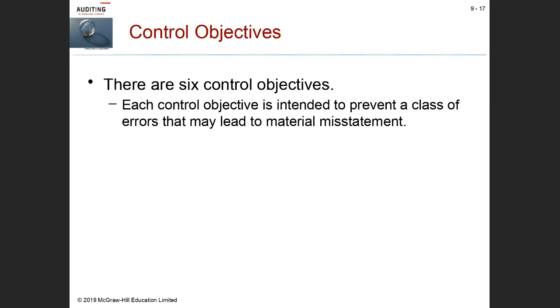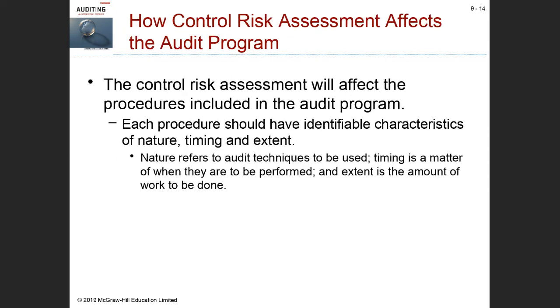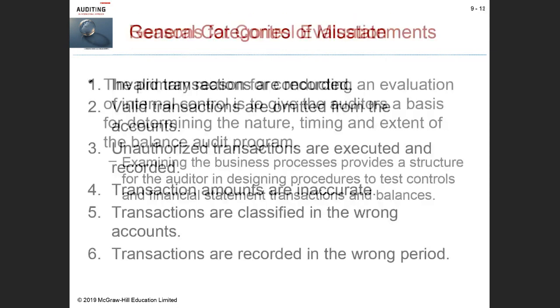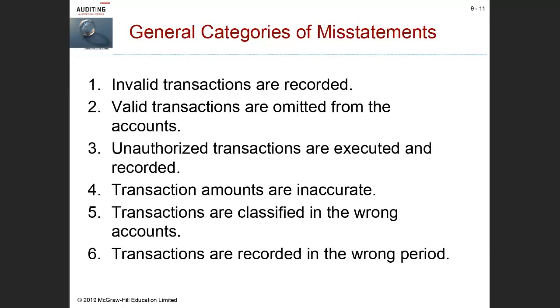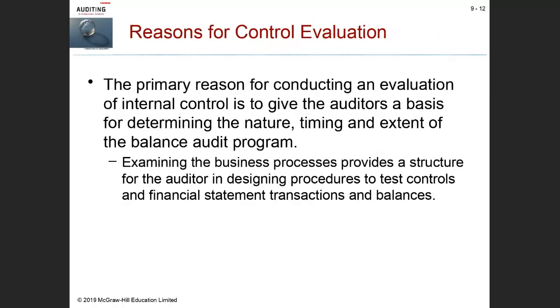Those are the 6 errors we already spoke about just before the break. So I'm just going to go back in the PowerPoints for a few minutes. Okay, here are the errors. We said these are the categories of misstatements or errors that could occur. So management's internal control system should prevent, detect, and correct these errors should they occur.